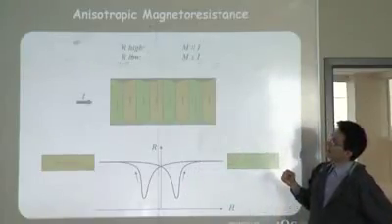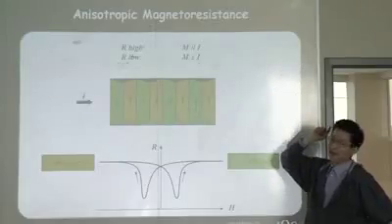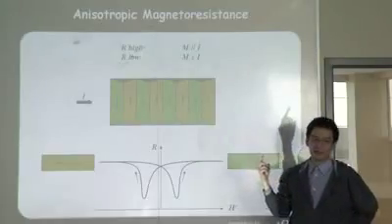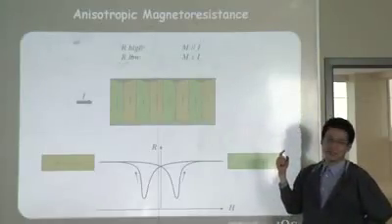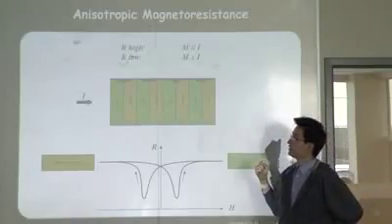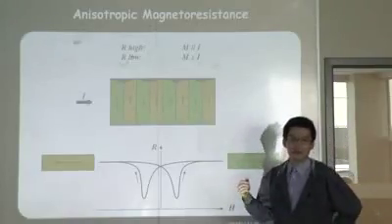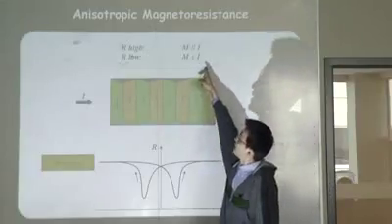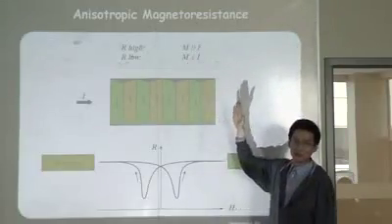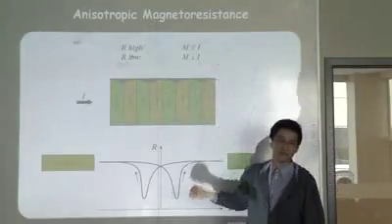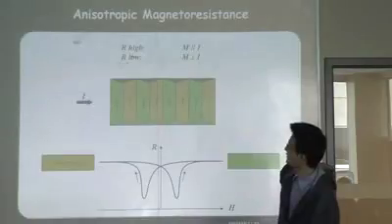The real mechanism behind AMR is the scattering of the localized d electrons and the mobile sp electrons. We should not get into the details behind that, but you can look up why the AMR happens and why when the current is perpendicular or parallel to the magnetization, the resistances are different because they have different scatterings.